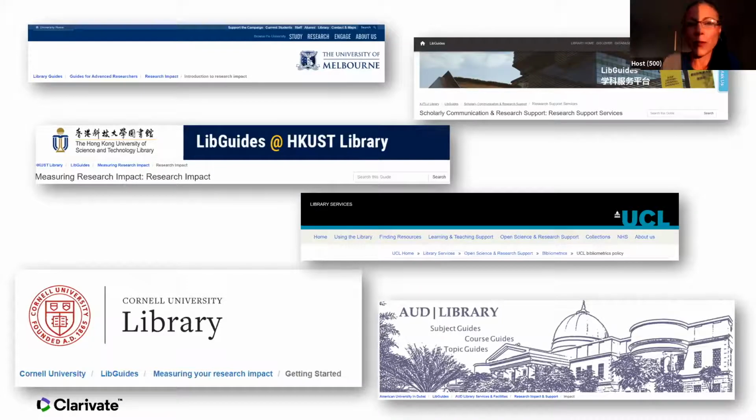And these are just a few examples, but when I looked around, they just were everywhere.